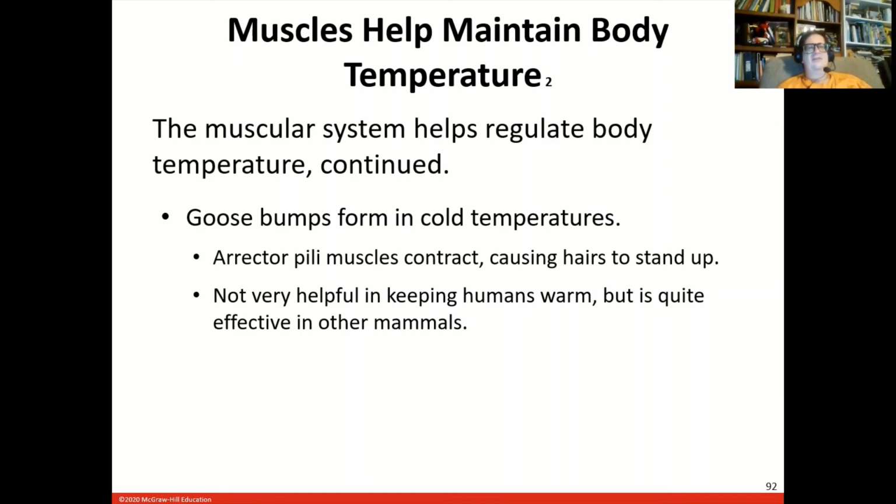It's the same idea that humans use if we're in cold water when we wear a wetsuit. Our body warms up the water, and then instead of letting the water leave and go away, it's trapped around us in the neoprene. So anyway, goosebumps are an attempt to raise the fur, but we don't have enough fur for it to be useful. So, nice try.